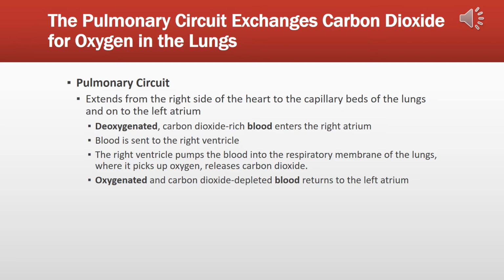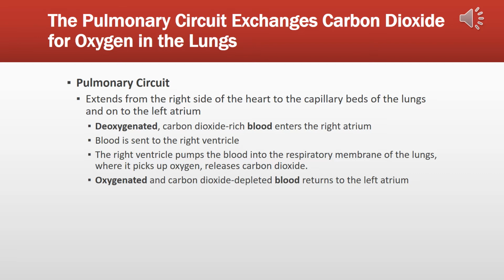So let's go into more detail about the pulmonary circuit. It extends from the right side of the heart to the capillary beds in the lungs, and then to the left atrium where it ends. So in this circuit, the deoxygenated but carbon dioxide rich blood enters the right atrium, which is then sent to the right ventricle.